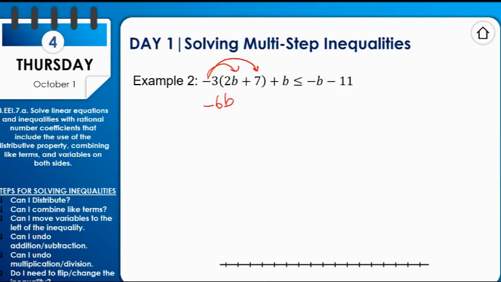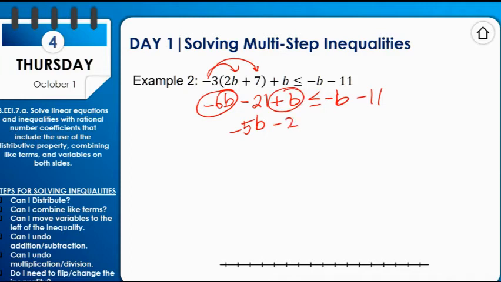2b times -3 is -6b plus -3 times +7 becomes -21 plus b is less than or equal to -b minus 11. -6b plus b is -5b.